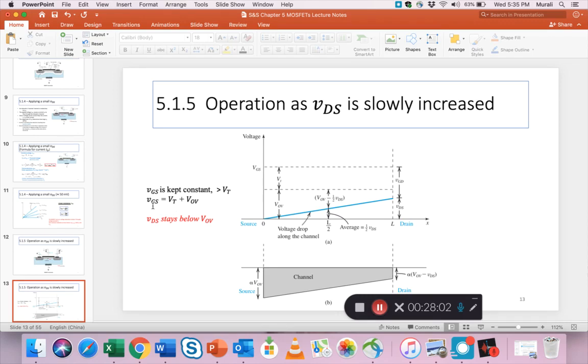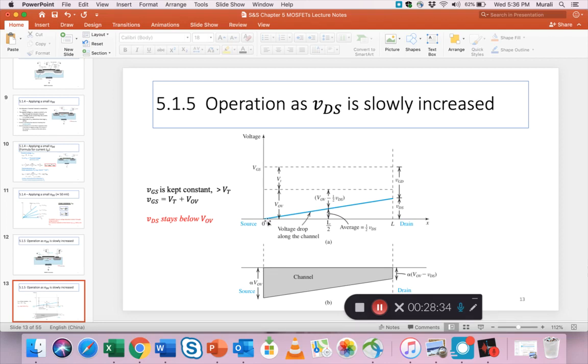So as long as VGS is VT plus some overdrive voltage, and you slowly start to increase the value of VDS, as long as VDS stays below V overdrive, right? So let's assume that VGS is, let's say, 5 and VT is 1. So V overdrive is 4, right? So you can increase VDS, but it has to be less than 4. And then this graph applies.